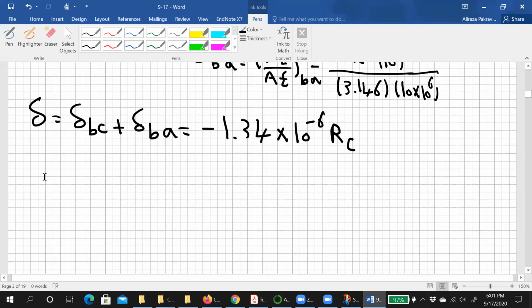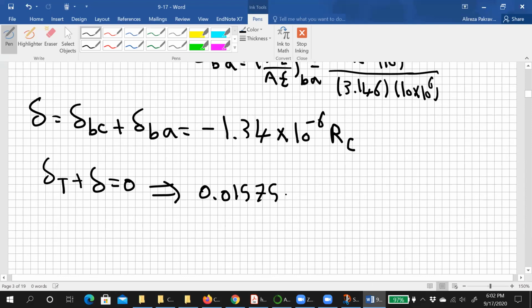So delta T plus delta is 0. What is delta T? 0.01575, we find, right?